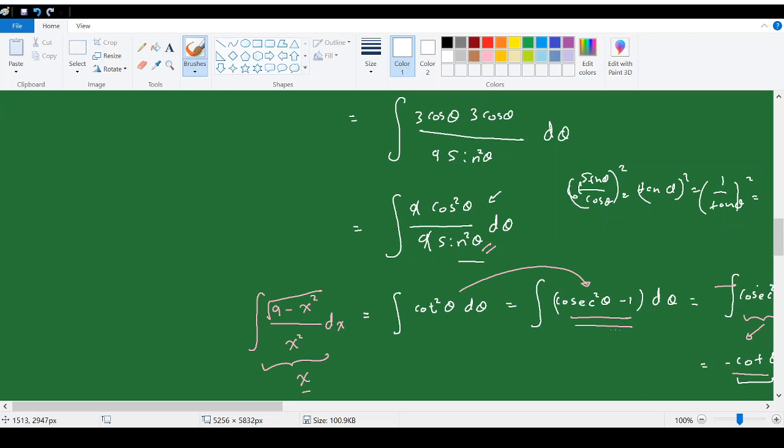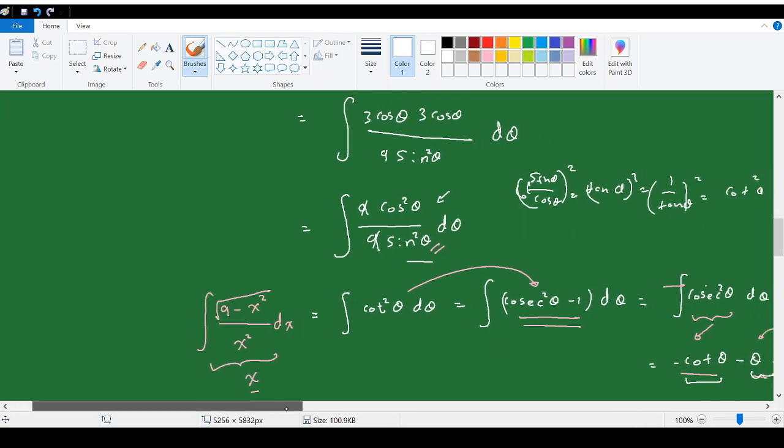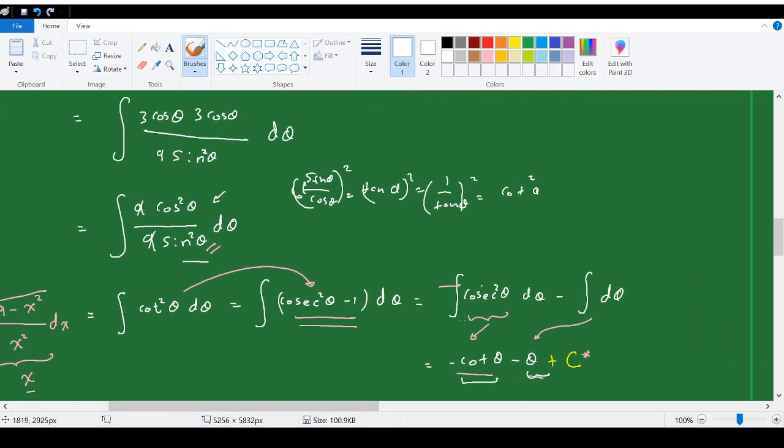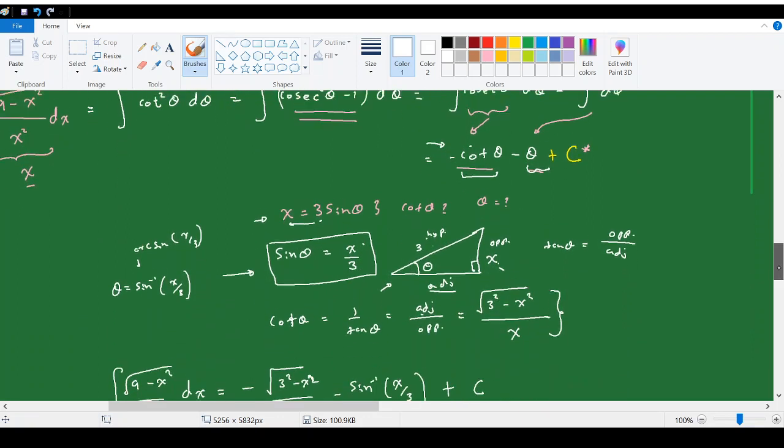And then you have to remember a couple of standard integral results, and then you can have the final answer in terms of theta. Then we should convert everything back into x terms. So to do that, we make use of the initial substitution once again.